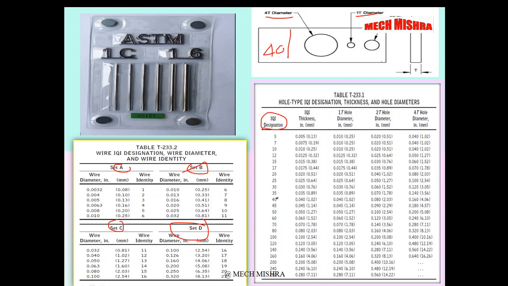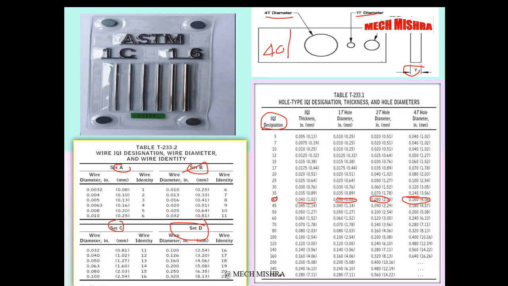For 40, the IQI thickness will be 0.040. Then 1T means the thickness diameter, 2T means double, and 4T means 4 times. That is how they have defined the thickness of the IQI for different designations, going up to 280.